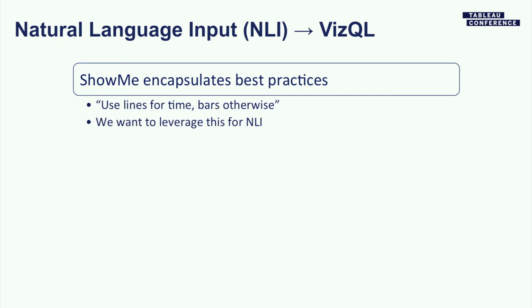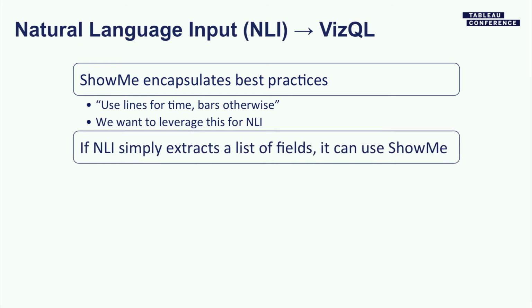And as long as, like what I was just describing, it already knows, oh, well, this is time, therefore I should use lines, otherwise I should use bars. That's exactly the sort of thing we want to leverage from natural language. And as long as that's all you type in, that's perfect.